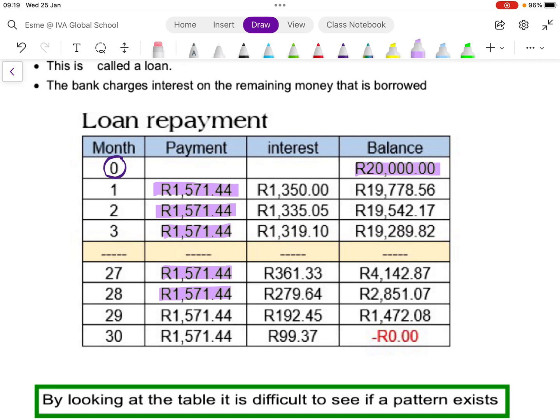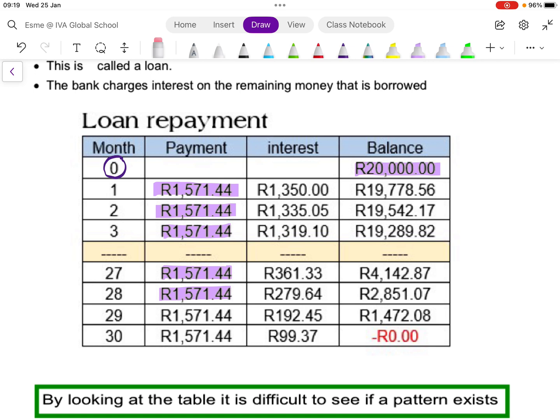But you will see that the interest differs each month. So from month 1, you paid 1,350 Rand interest. In month 2, you paid 1,335, which is less than the previous month.